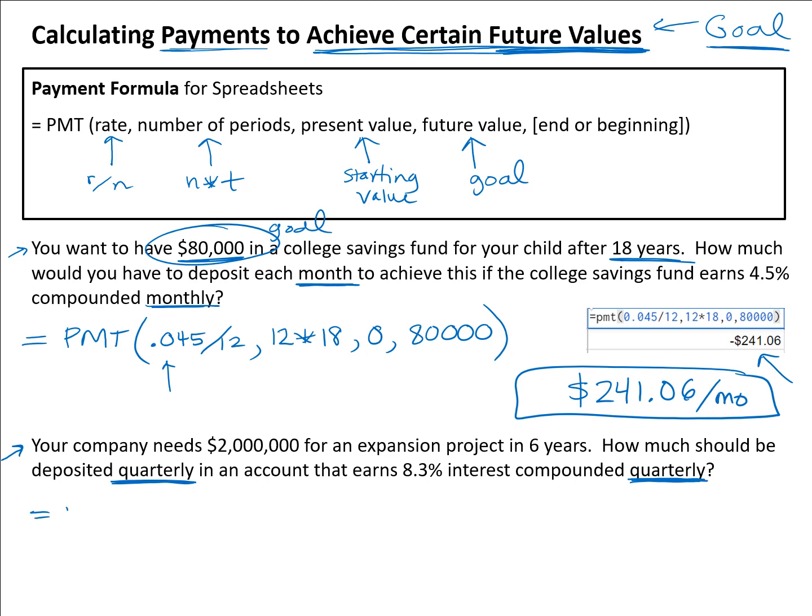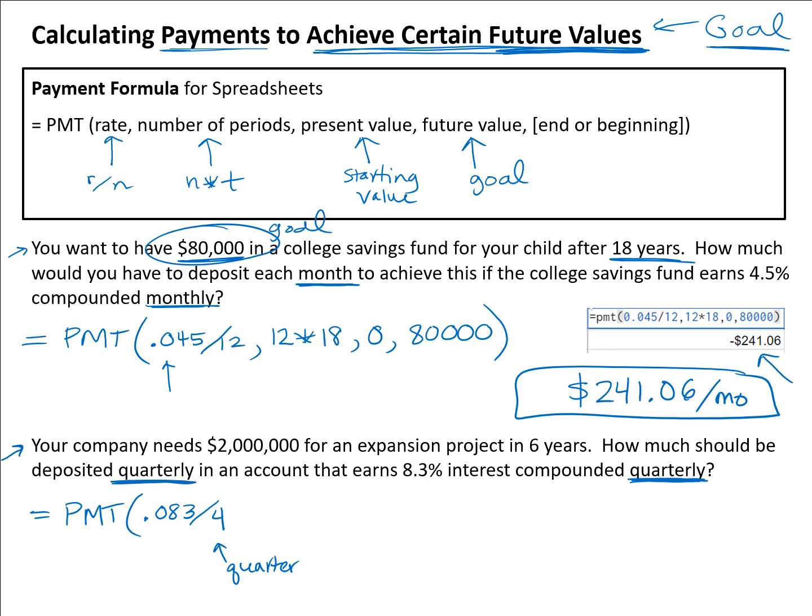So we need to work out the payment to achieve this goal. So start with equals in your spreadsheet, PMT. We have an interest rate that we're earning on this money of 0.083. That's the annual rate, so we need to divide it by 4 to represent that we're earning interest quarterly. So again, quarterly here, change that to a 4 instead of 12.